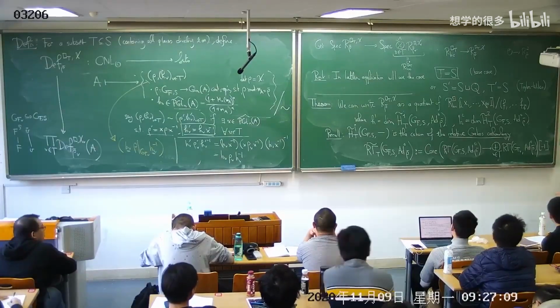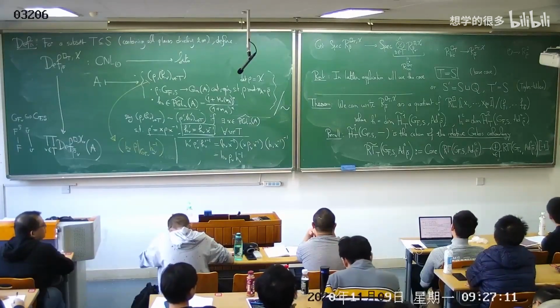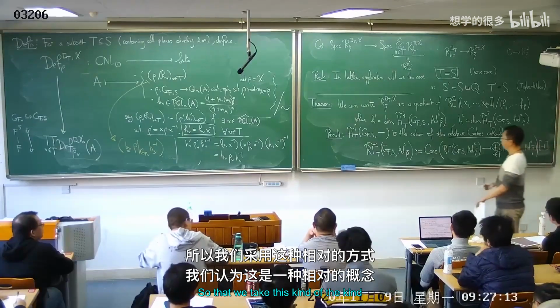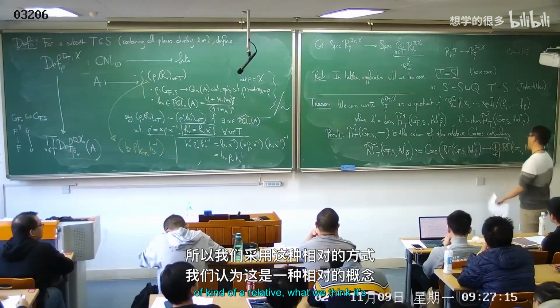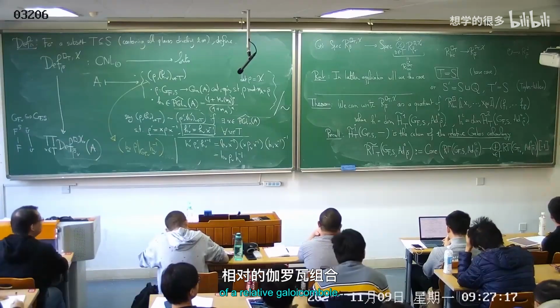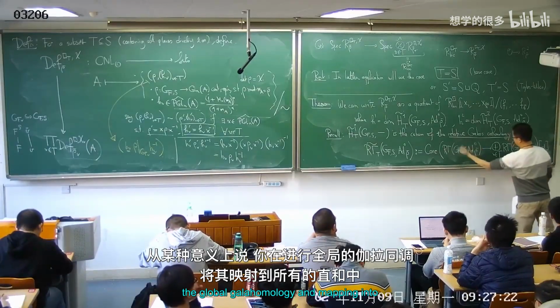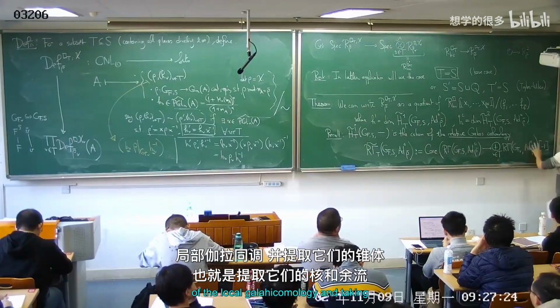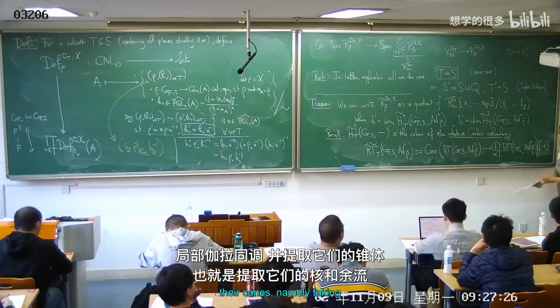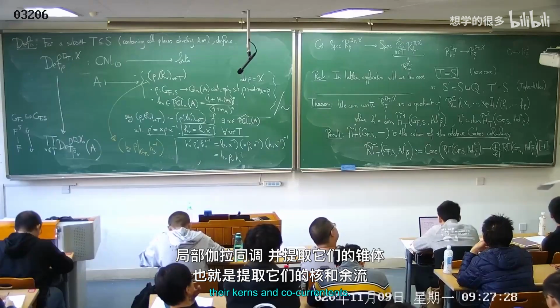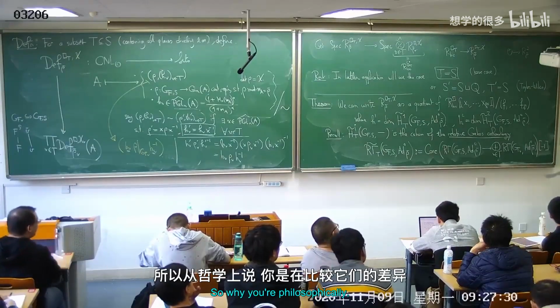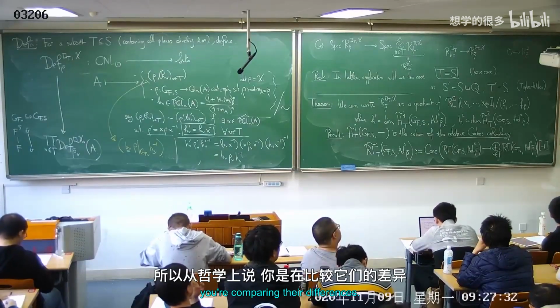So we take this. One should really think of this as a kind of relative Galois cohomology, in the sense that you're taking the global Galois cohomology and mapping to the direct sum of the local Galois cohomology, and taking their cones, namely taking their kernels and cokernels. Philosophically you're comparing their differences.